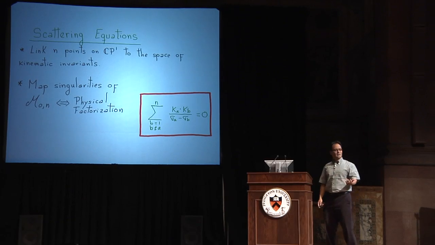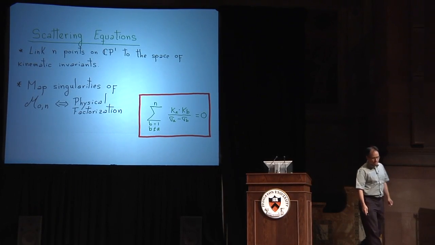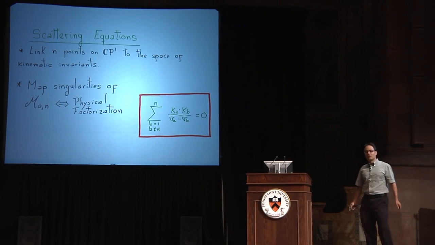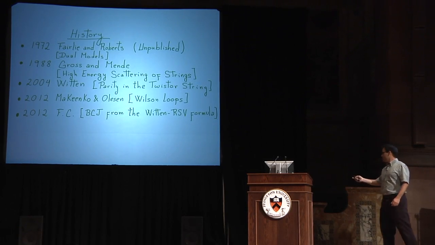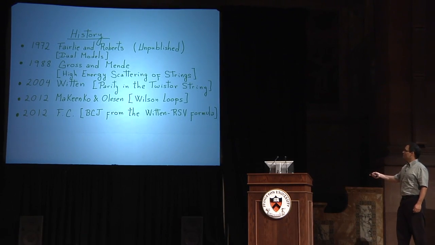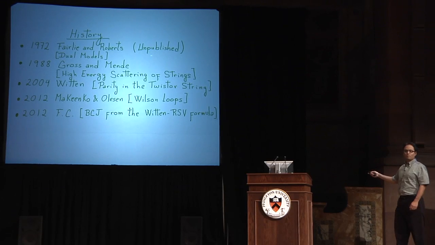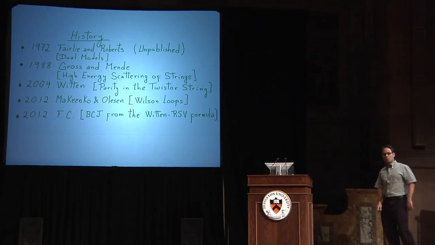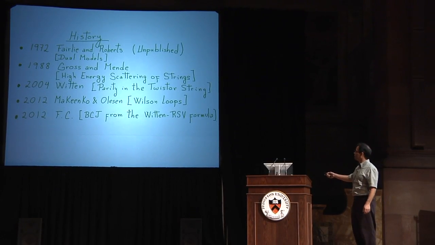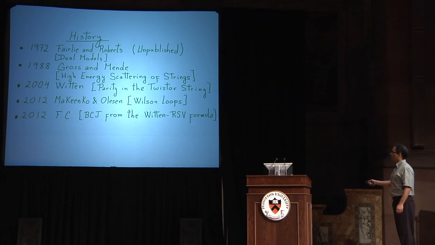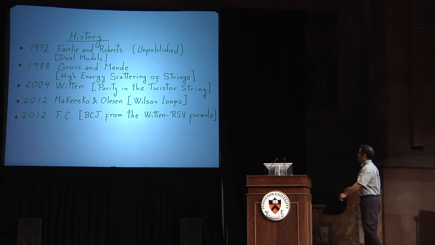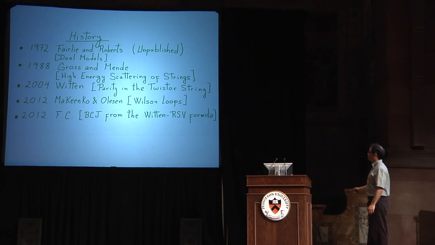Now let me discuss a little bit about the history of these equations. As it turns out, I was surprised to realize that they are even older than I am, because they were found first by Fairlie and Roberts in an unpublished work in 1972, when string theory was still called dual models. Then in 1988, these equations appear again in the work of Gross and Mende in the study of high energy scattering of strings.